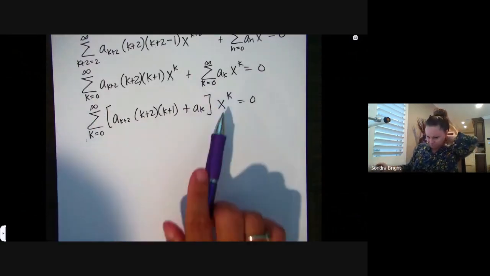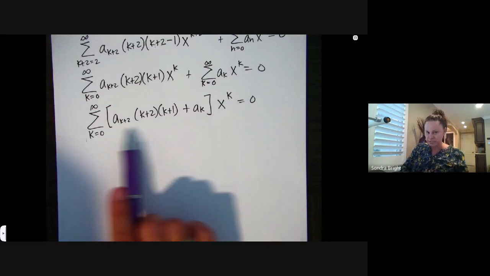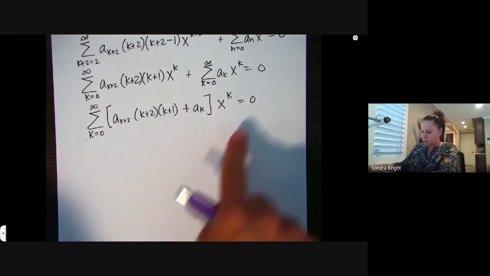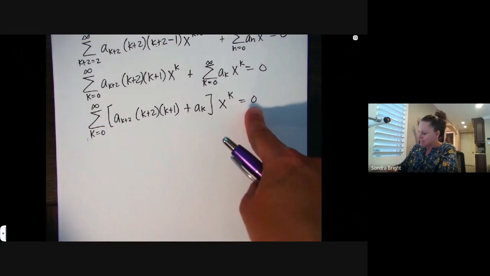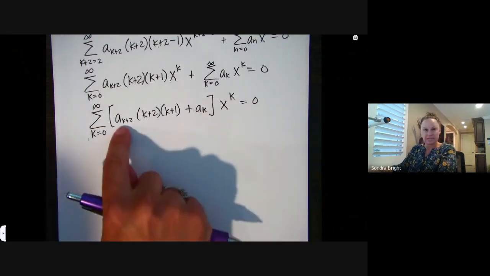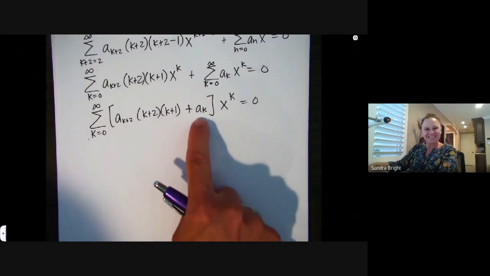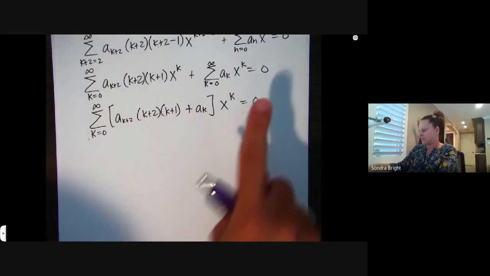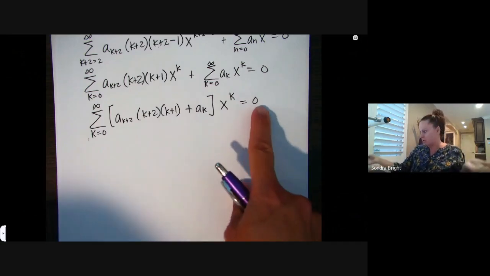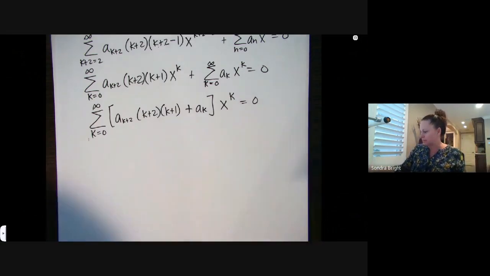And we got that. All right, so now what you're going to do is equate the coefficients. On the right hand side, you've just got 0. So what that means is that this guy must end up equaling 0 because we don't have an x to the k on this right hand side. If it had been plus 2x to the k or something like that, then this would equal 2.